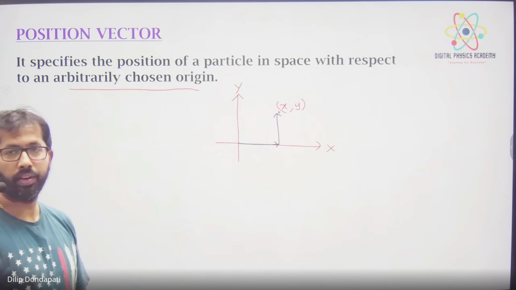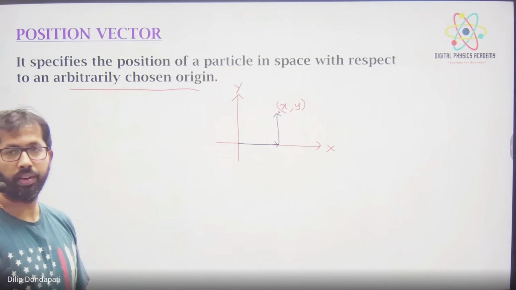Now r vector in vector form, try to tell me in Cartesian form. r is x i cap plus y j cap. This is the position vector. If I write it in Cartesian form, I know how to find mod r, which is under root x square plus y square.